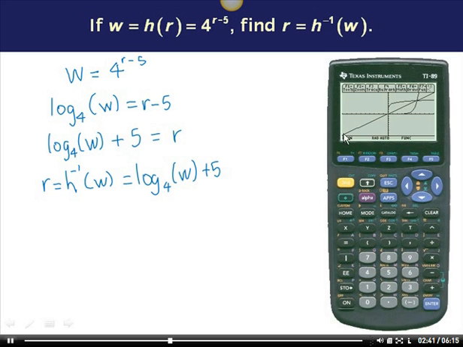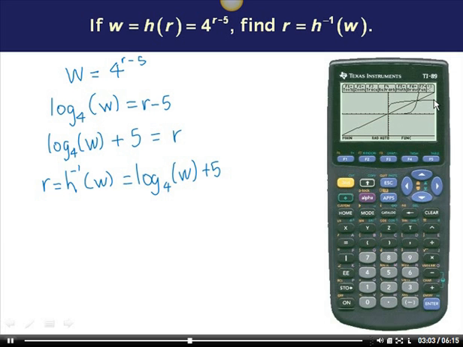So I have my linear function y equals x. This looks like an exponential function along here, and a log function along here. Let's look at some points here. Let's choose an input of, say, x equals 6 in my exponential function.